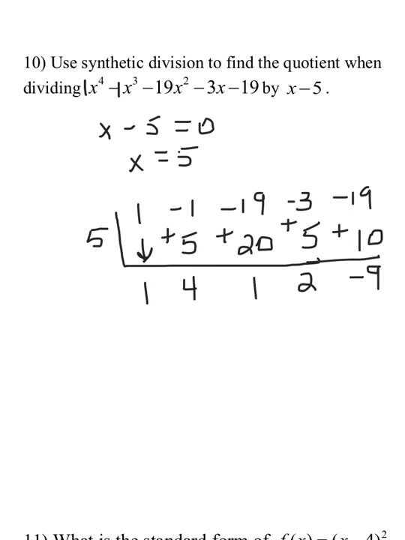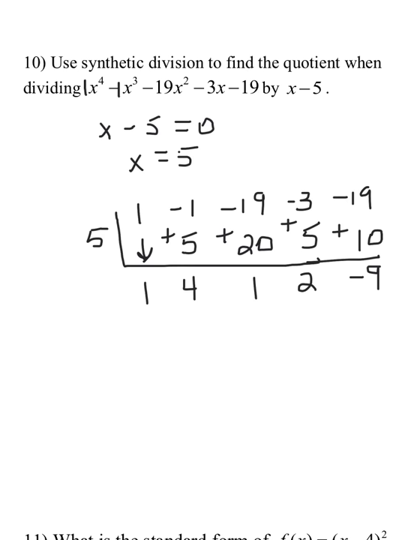Now we have all the coefficients for our quotient. And so what you need to do is make sure that you're using the right power, the right degree for this answer. Since we started with an x to the 4th power, we've already divided this by 1 of x, this x right here. So because we divided this by x, that means that our quotient's going to have x to the 3rd as the first term. So just don't forget that. The first term down here is going to be x to the 3rd.